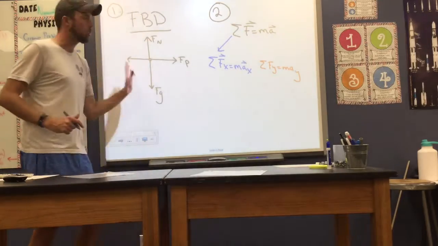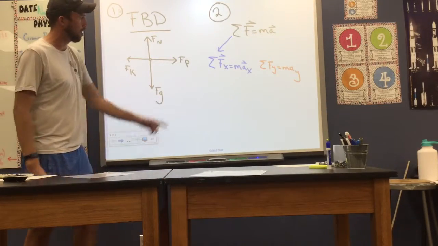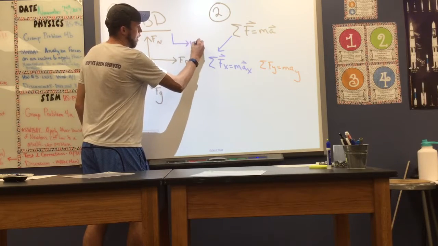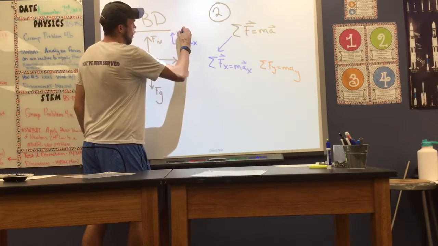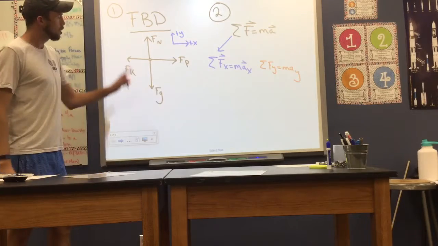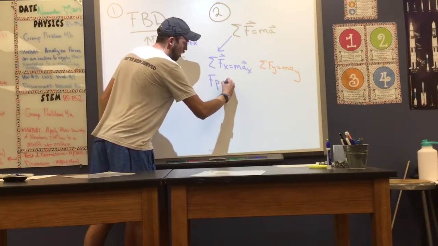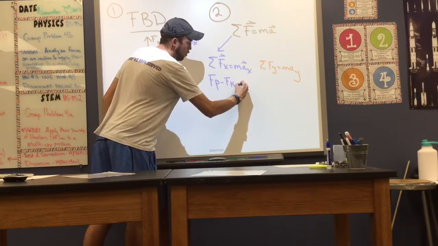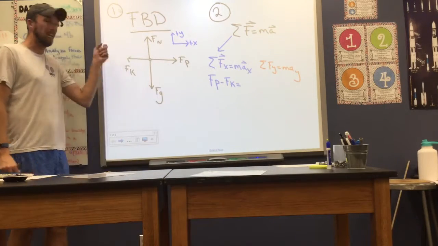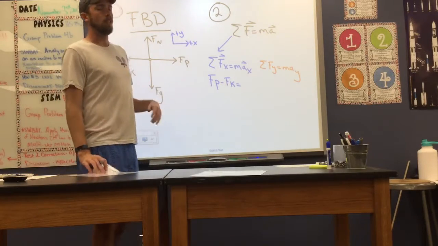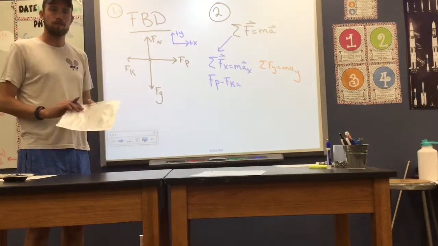Let's start to put these forces into our equation for Newton's second law. In the x direction, I'm going to call to the right the positive x and up the positive y. So in the x direction, we have two forces. Our push force, which we'll say is positive, and we'll subtract our force of friction because it's going opposite of our motion. Now, we know the mass of our object, but we don't really know its acceleration.